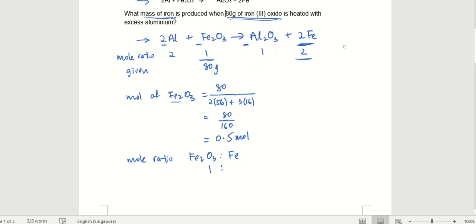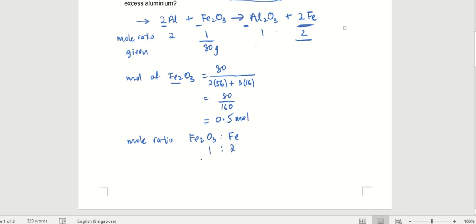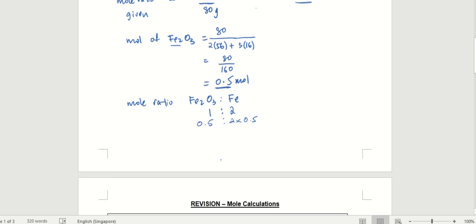Therefore, if we have 0.5 mole of iron trioxide, there will be 2 times 0.5 mole of iron. So we know that there will be 1 mole of iron formed.